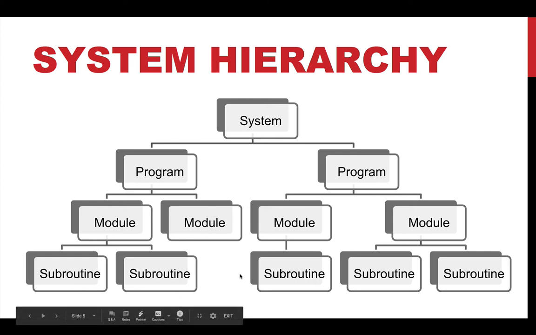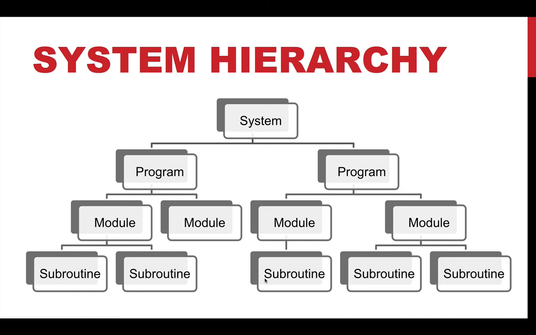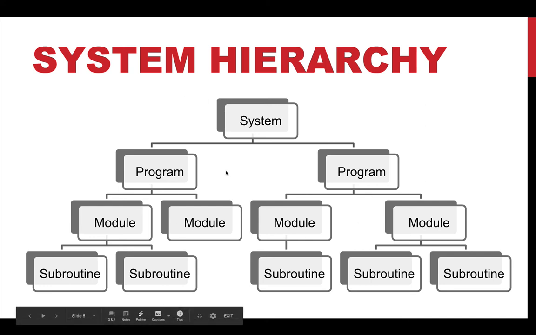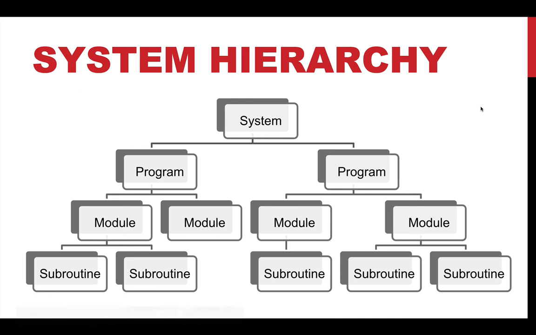Under those modules, you'll more than likely have 1 or many subroutines. So, yeah, it's a little bit confusing. I know this is an example of what a system could look like. It's not necessarily the only example. What you need to take from it is that the hierarchy goes system, program, 1 or many, module, 1 or many, subroutine, 1 or many.